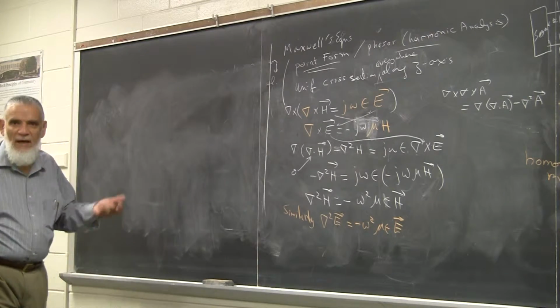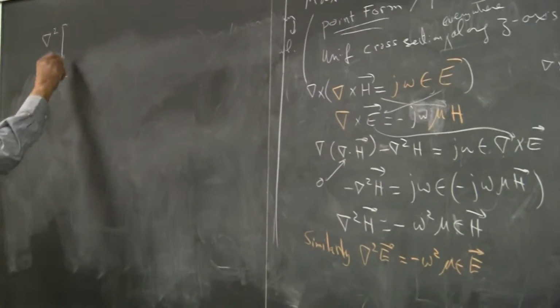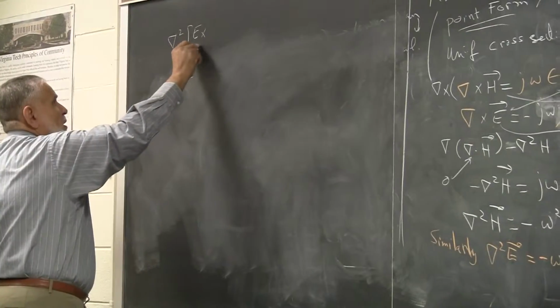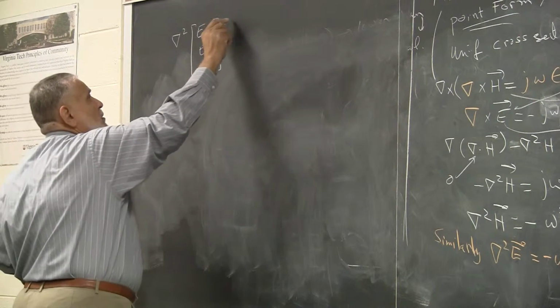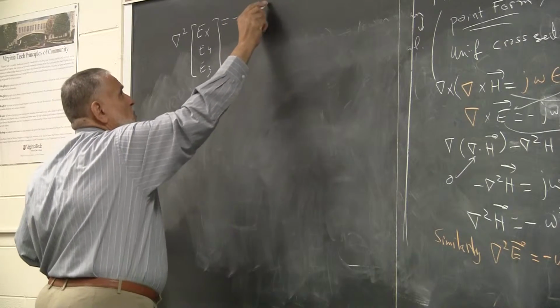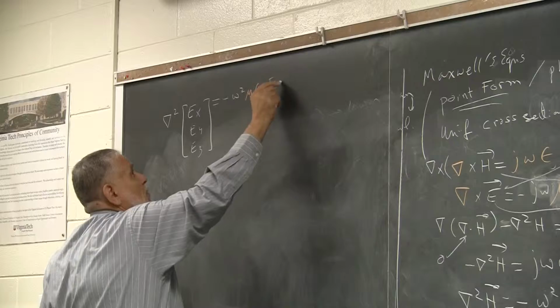Psychological, right? Background. So, del squared Ex, Ey, Ez is equal to minus omega squared mu epsilon Ex, Ey, Ez.